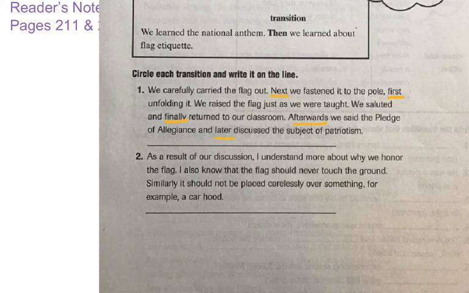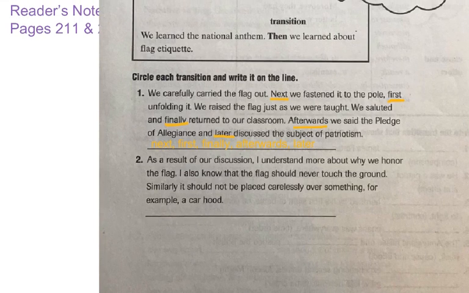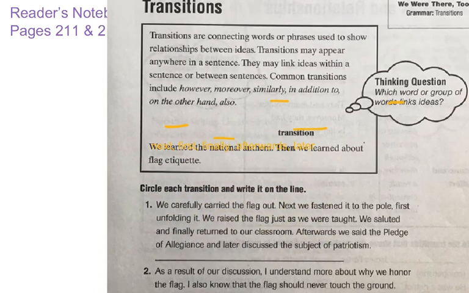We should be circling them, but you can go ahead and circle them or underline them either way. Your job is going to be to write each one of those words on the line below. We've completed number 1 together, and I'd like you to do number 2 on your own. You can see that they're all underlined, and then I wrote them on the line. What I would like you to do is look at number 2, read it through first, and then identify those transitions. Remember, you can grab them from up here.